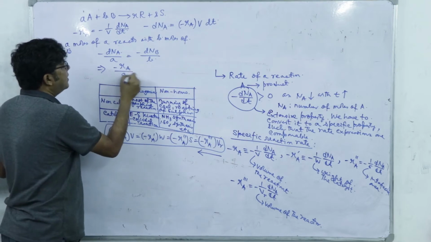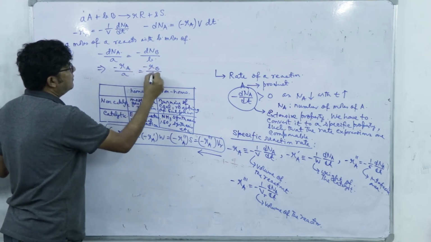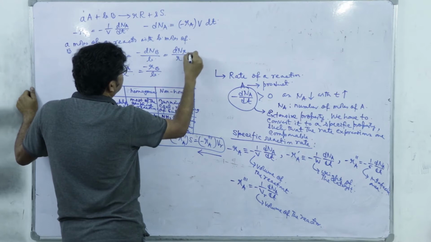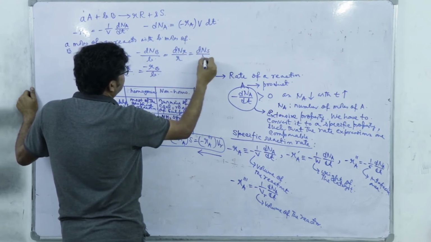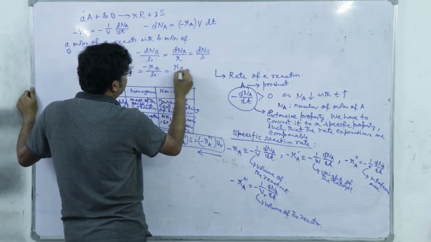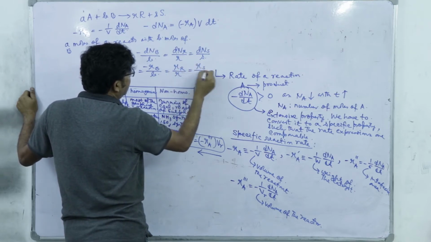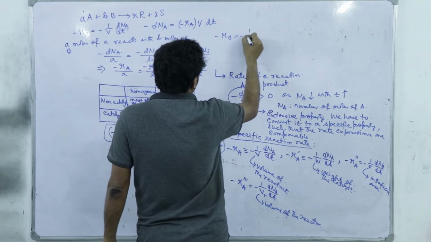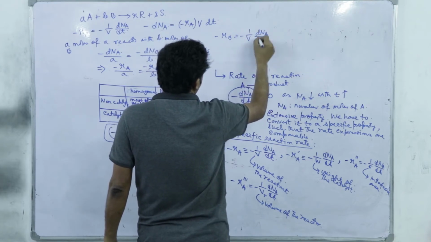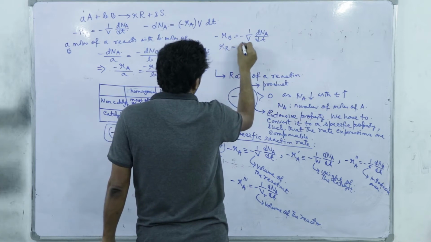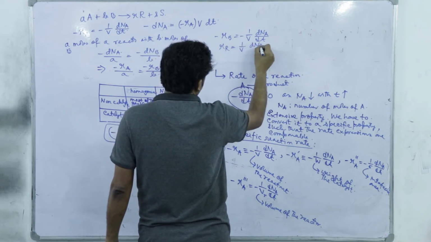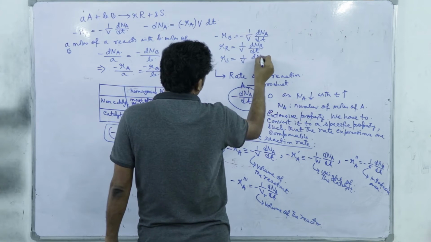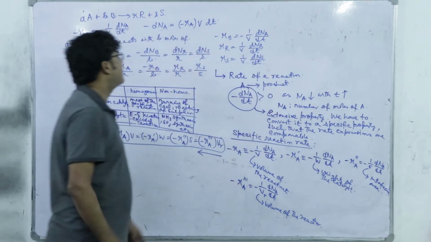Minus RA divided by a is equal to minus RB divided by b, and this is equal to RR by r is equal to RS by s, where RA is minus of 1 by V dNA dt, RR is 1 by V dNR dt, there is no minus sign because NR is increasing with time, and RS is 1 by V dNS dt, right.